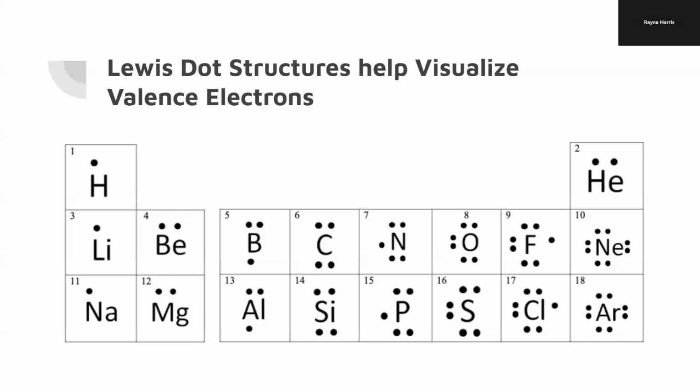Does anybody want to read the first line? I kind of use shorthand. Anybody want to read the first line? Beautiful. And the second one? Awesome. And then the third one? Start 0, the number of protons equals the number of electrons. Awesome.